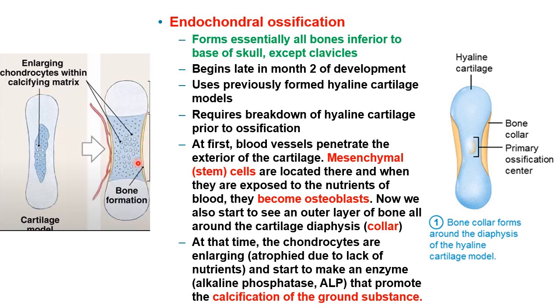There is this bone collar that is forming not only on the sides but all around the bone, and then you get these mesenchymal stem cells that are also present inside of the bone, okay, and when the chondrocytes start to put some hard mineralization in the matrix, they're also activating the mesenchymal stem cells to become osteoblasts.